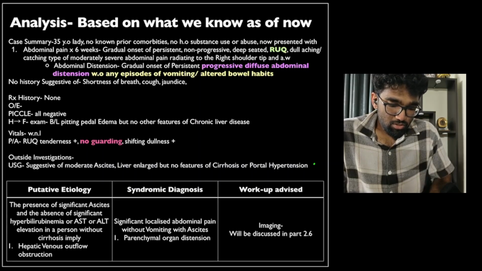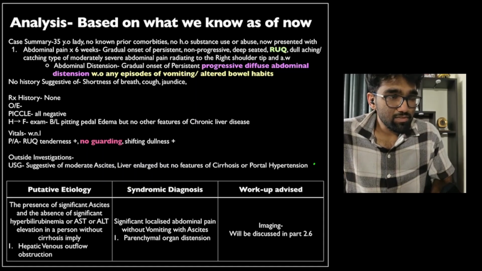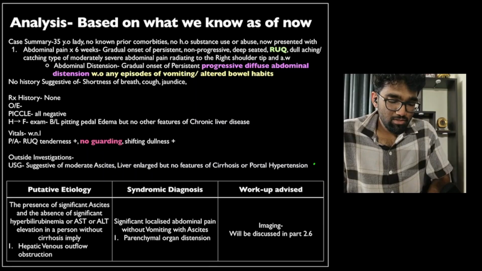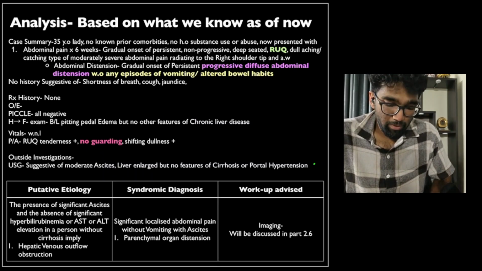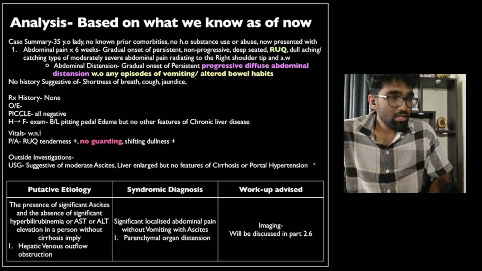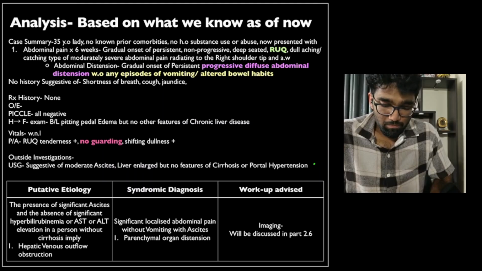Finally, because of the presence of significant ascites and the absence of significant hyperbilirubinemia or AST-ALT elevation in this patient, although I have not given the AST-ALT elevation here, but if that was the case, then it would imply that it was hepatic venous outflow obstruction, and we discussed how to differentiate between hepatic arterial obstruction, hepatic venous obstruction, portal venous obstruction.